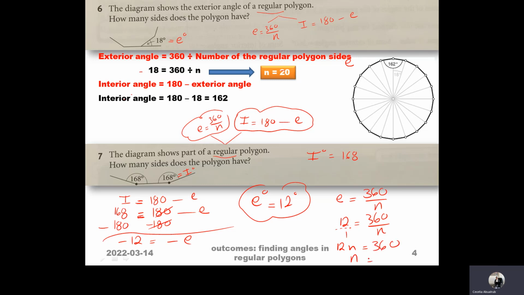So n is equal to 360 over 12 because we're going to divide each side of the equal by 12 to get rid of the coefficient of n because we are calculating for n. So 360 divided by 12, the number of sides is going to be 30 sides.